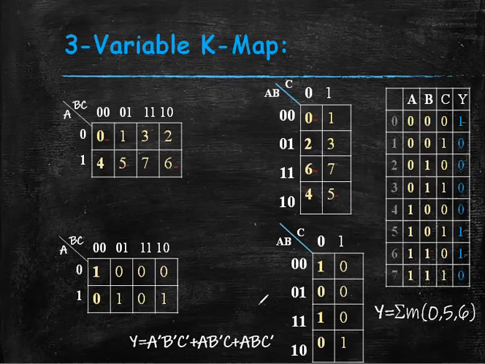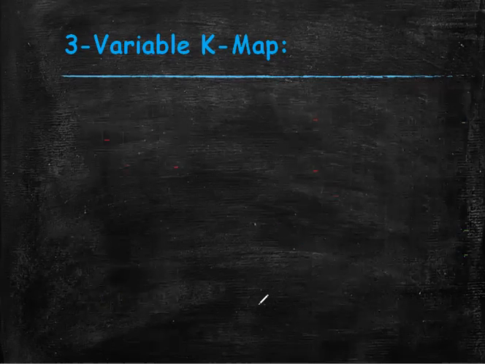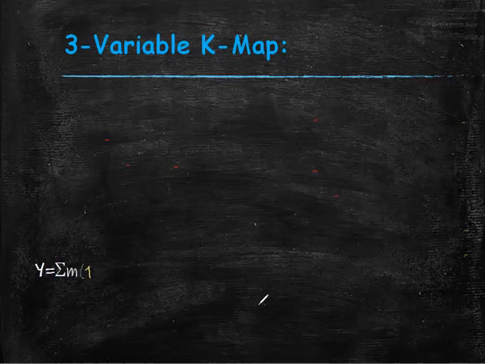Next, we go to the next example. The expression is the SOP form of Y is equal to sum of products of 1, 2, 4, 7.